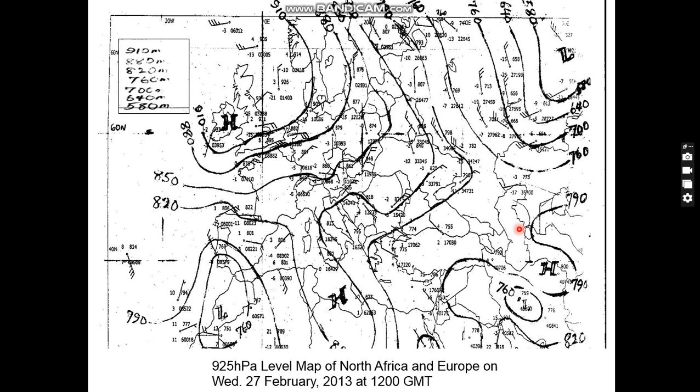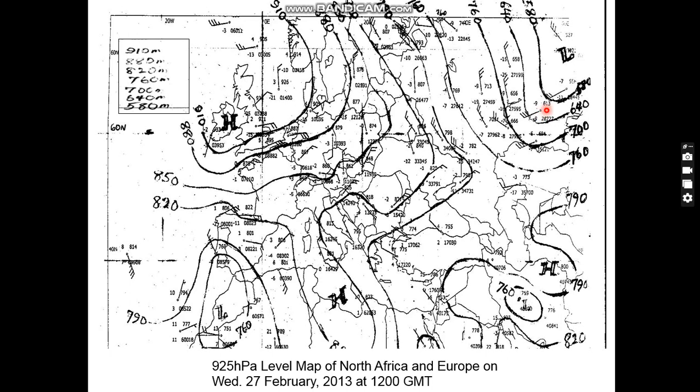Now we can see properly the values on this map. For example, look at this station here. Like the previous analysis of surface, where we analyzed pressure, the value usually sits at the right-hand corner of the station circle.